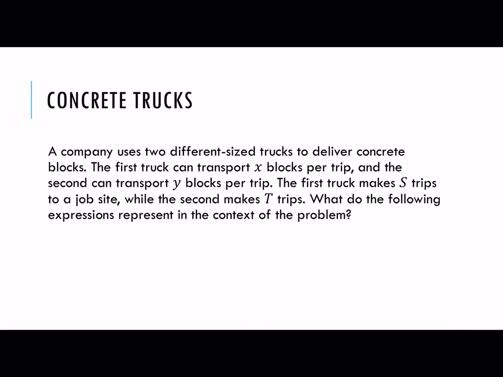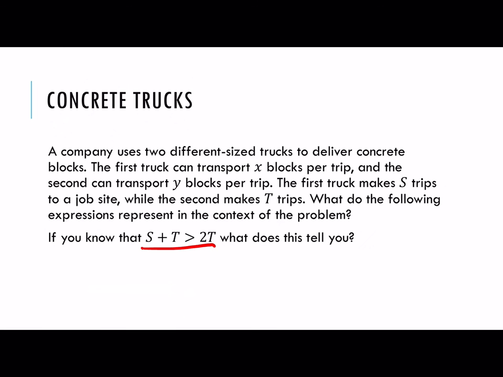We have the same situation. If you know that S plus T is greater than 2T, what does this tell you? Let's recall what these are. S plus T is equal to the total number of trips made by both trucks that day.